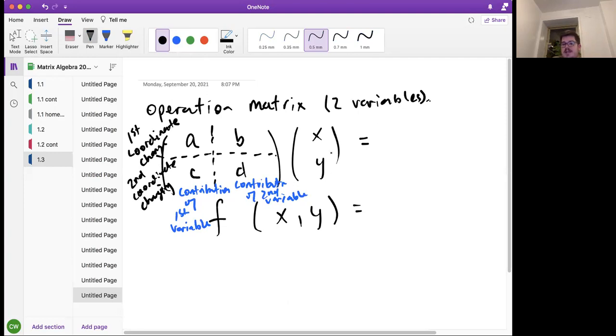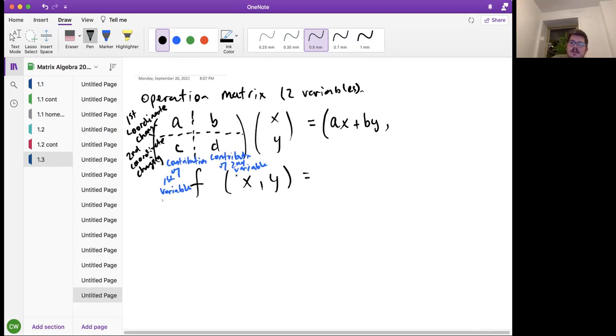that inputs X, Y, we're going to say it outputs, in the first coordinate, A times the first variable plus B times the second variable. In the second coordinate, so that's what we look at, the second row, it's going to be C times the first variable plus D times the second variable.